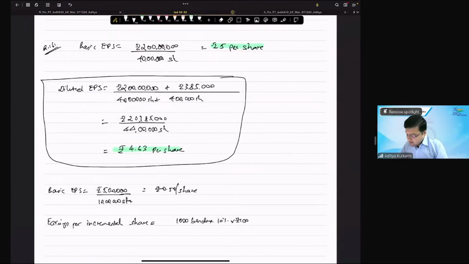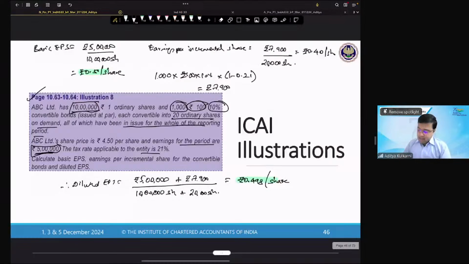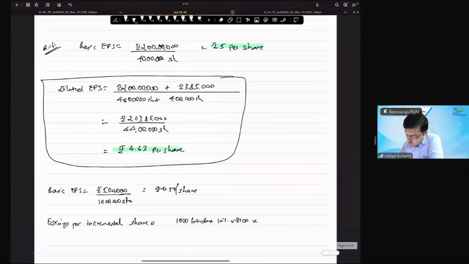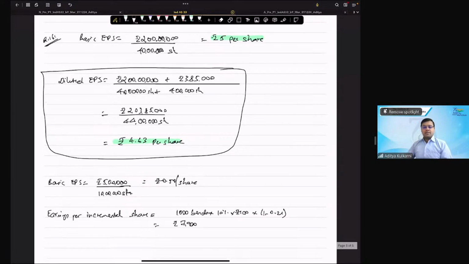And this I'm going to multiply by 1 minus 0.21, because with the savings in interest, the tax component will also come in, right? Is this okay? Yes, sir. Shabir, did you follow? Yes, sir. All right.